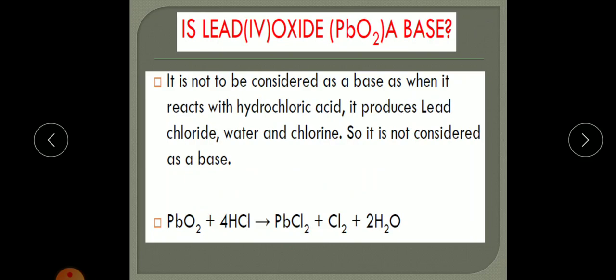Next, is lead oxide PbO2 a base? Let us see whether it is a base or not. An important reaction to identify whether something is a base is to react it with an acid. If salt and water are produced, then it is called a base. Lead oxide is not to be considered a base, as when it reacts with hydrochloric acid it produces lead chloride, water and chlorine.